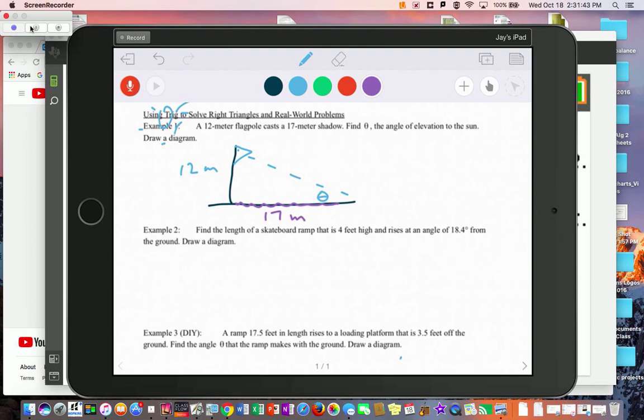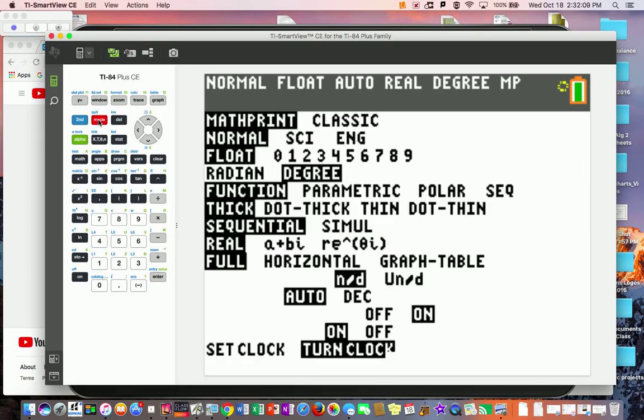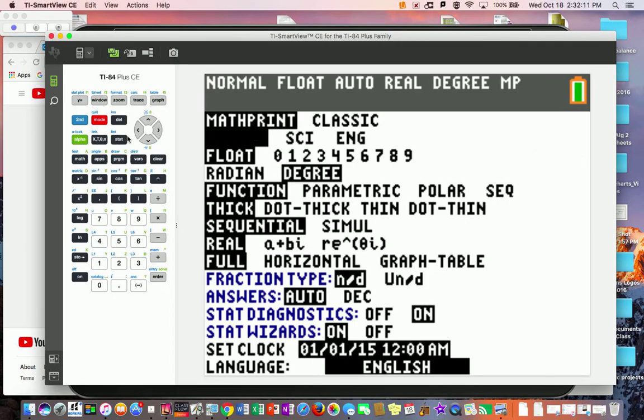So to solve this, I would do the tangent of theta, because that's going to use the opposite and the adjacent. So the opposite 12 over the adjacent 17. To get rid of tangent or any trig function, you do the inverse. So that's tangent to the -1, and so theta equals the inverse tangent of 12/17. Now remember, our calculator is already in degree mode.